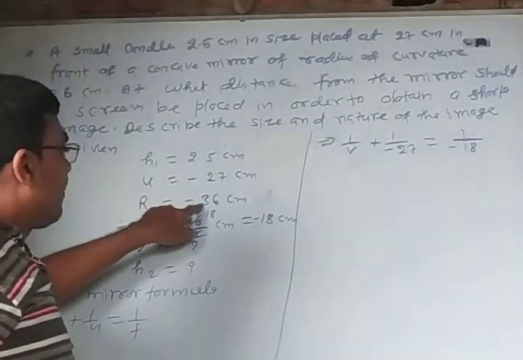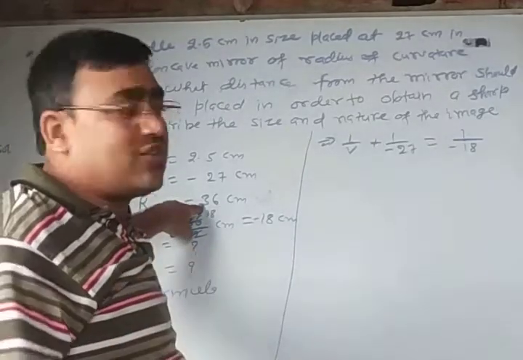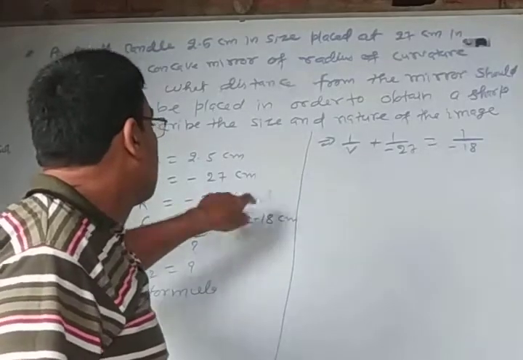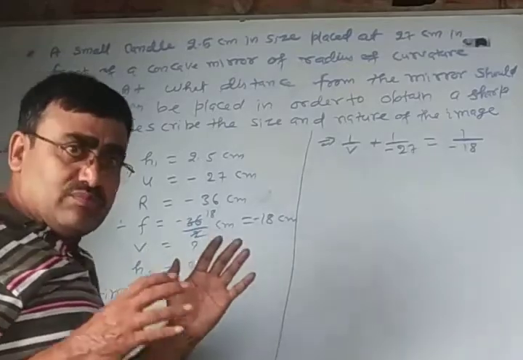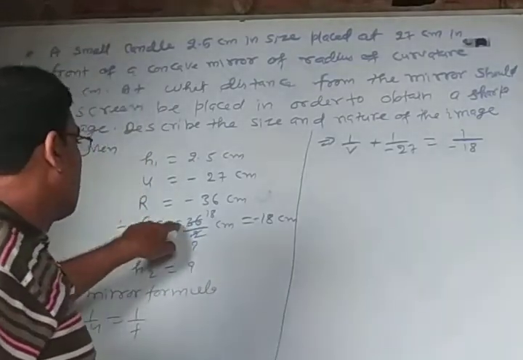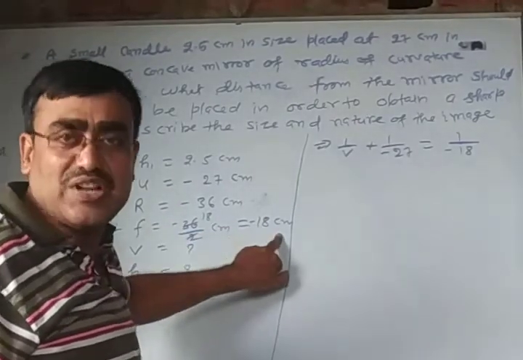Radius of curvature of the concave mirror is 36 centimeter. According to sign convention, it is negative, that means minus 36 centimeter. Therefore, f is equal to R by 2. That implies f is equal to minus 36 by 2 centimeter, that means minus 18 centimeter.